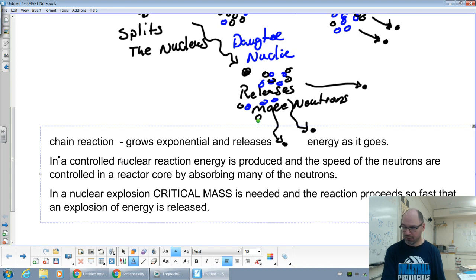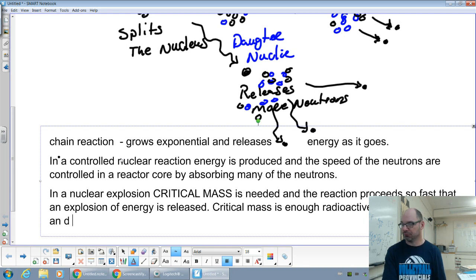Okay, and critical mass means is enough radioactive material to produce an explosion.